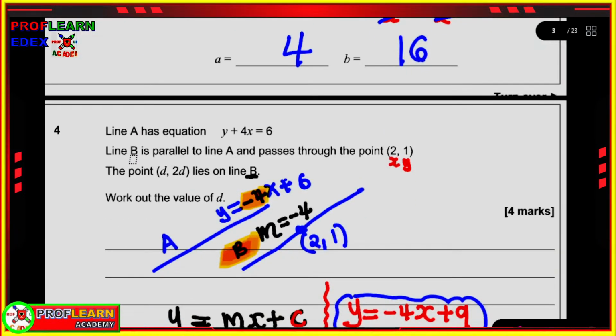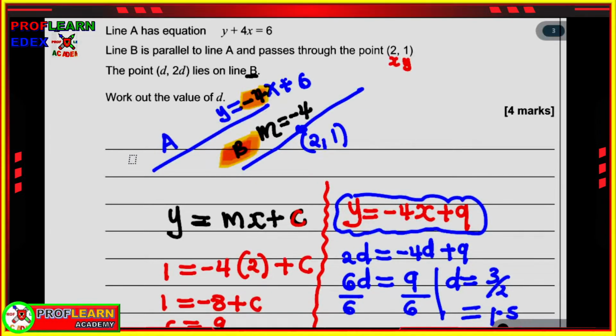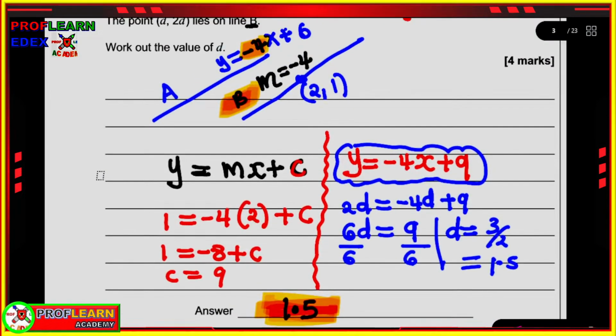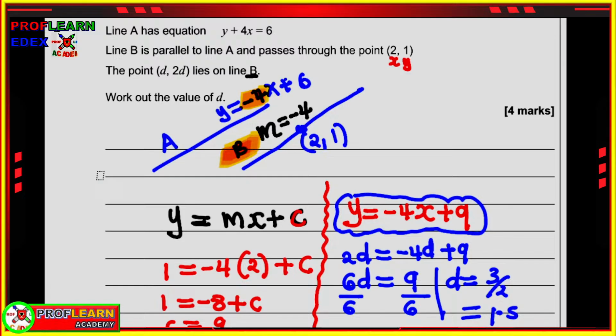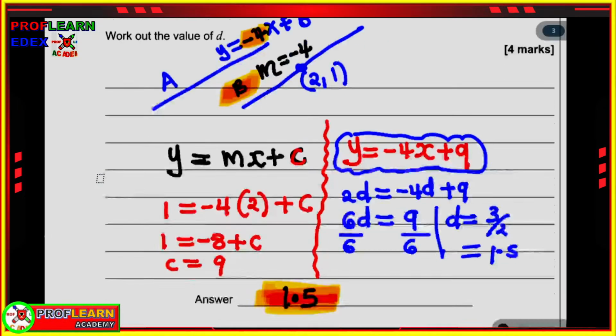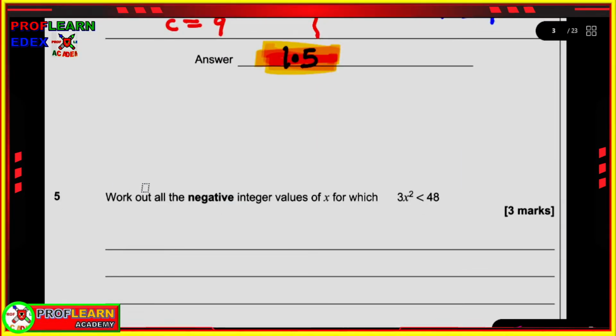We worked that out. Question 4 was about a line parallel to another line, and we found the value of D at the given point. The next question: work out all negative integer values of x for which this is the case.